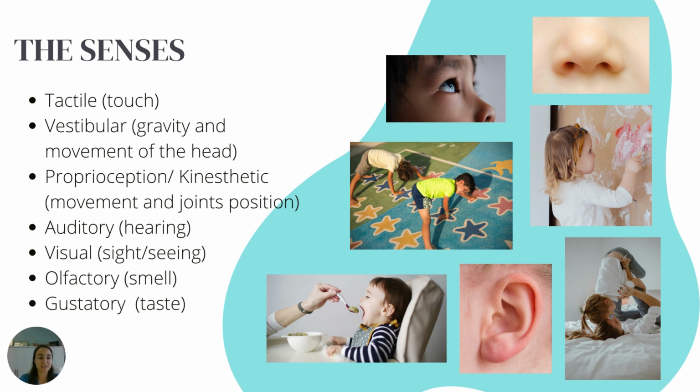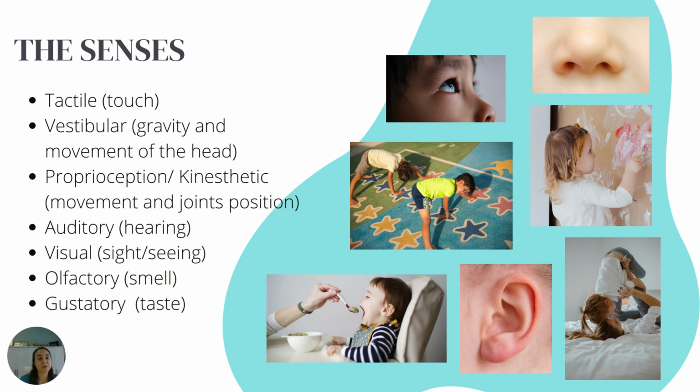Next up, we have our vestibular system, which is located in our inner ear. And our vestibular system is activated whenever we move our head. So that gives our body information of the position that our head is in relationship to gravity.